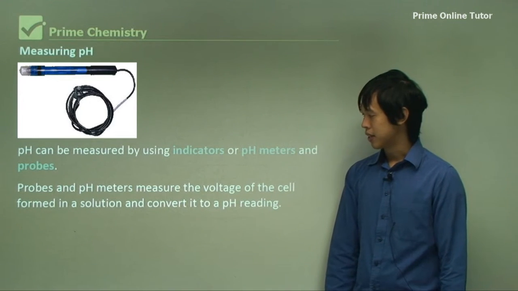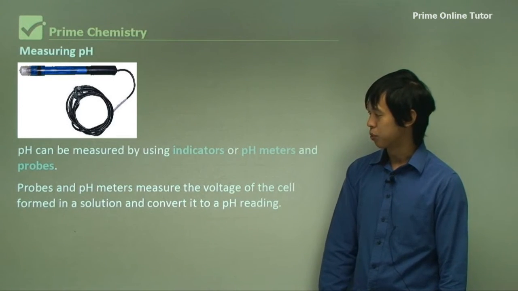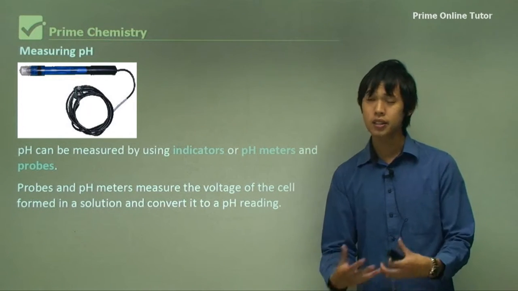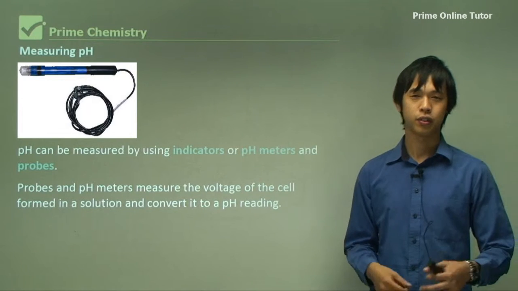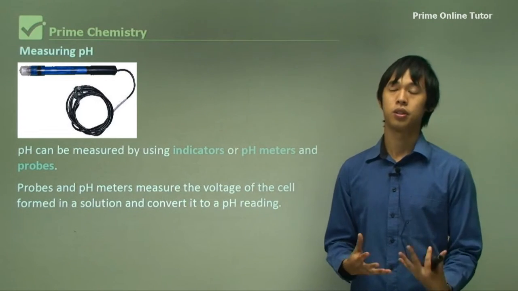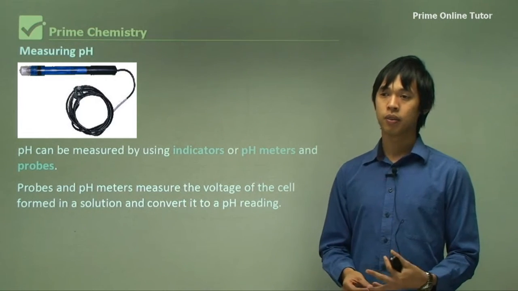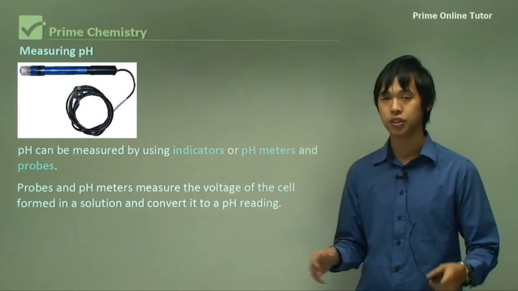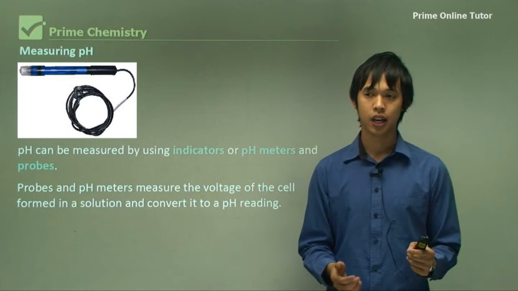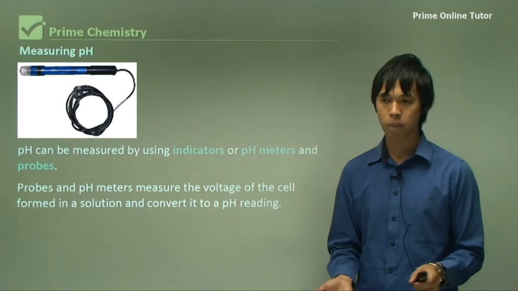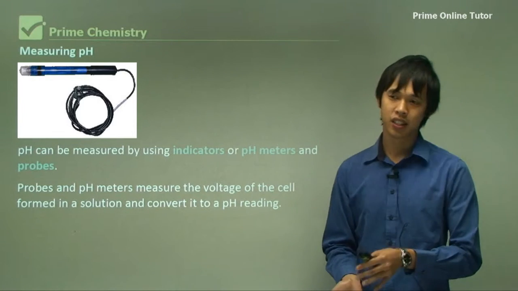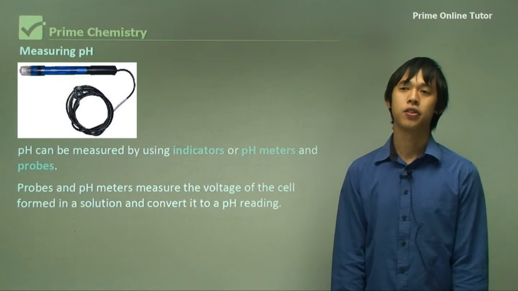And probes and pH meters measure the voltage of the cell formed in a solution and convert it to a pH reading. Because H plus and OH minus give the water or the solution a bit of electrical conductivity, or electrical properties, we can actually use those electrical properties to measure voltages. And then that voltage can, if we calibrate it effectively, be used to measure the pH.